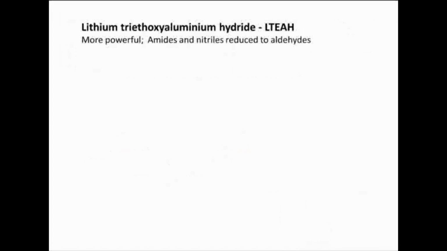lithium triethoxy aluminum hydride. Instead of butoxy, we can have an ethoxy group also. This is more powerful. This reduces amides and nitriles to aldehydes. Another challenge in these two functional groups is that nitriles can be completely reduced to amines, and this is partial reduction to aldehydes.